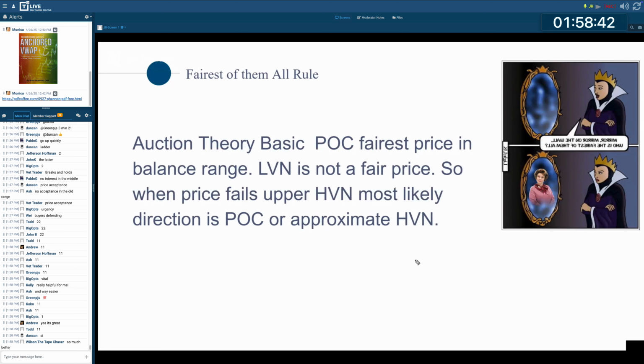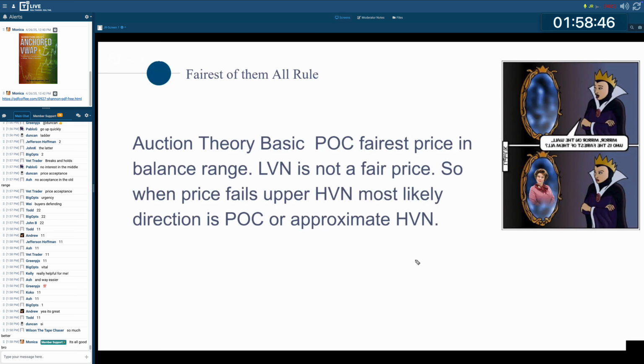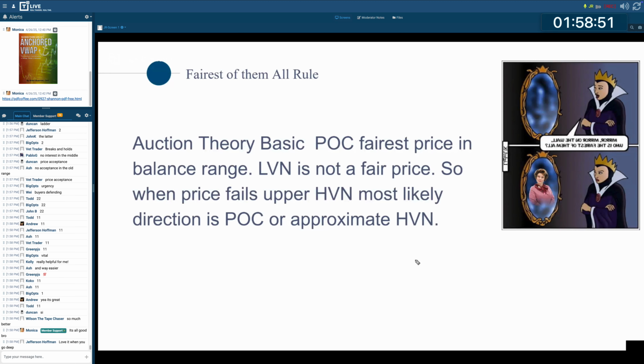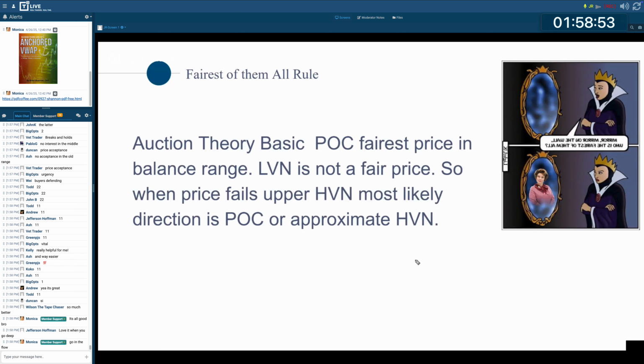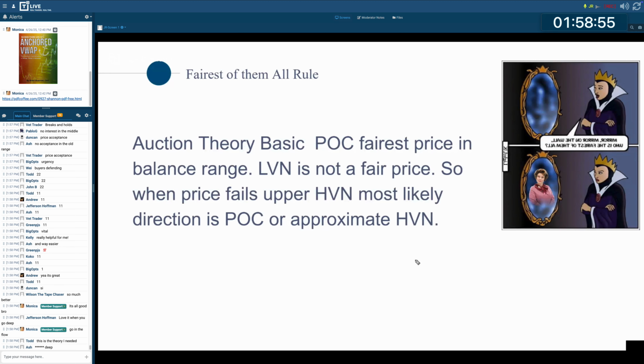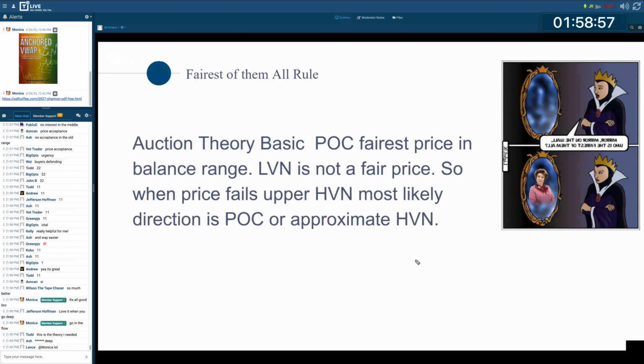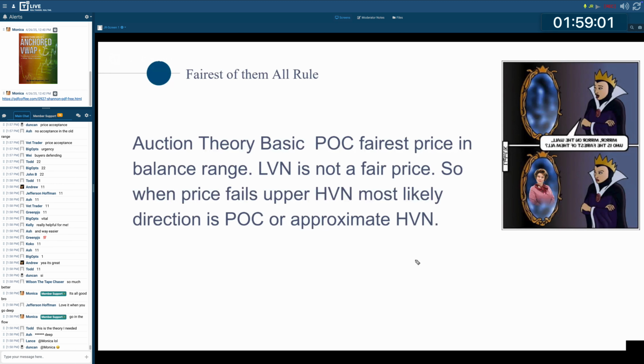We're going to go really deep in terms of reading the tape, okay, reading the order flow. But in order to read the order flow, you have to understand what the hell you need to be reading in the first place, okay? You need to understand what the context structure roadmap of that order flow is doing.